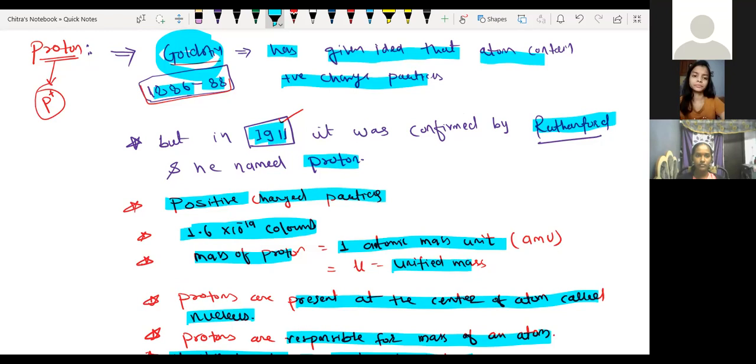Proton has the same charge but in the opposite direction. That's why they cancel each other, and atoms are neutral. All atoms contain an equal number of protons and electrons, so their total or resultant charge is 0.